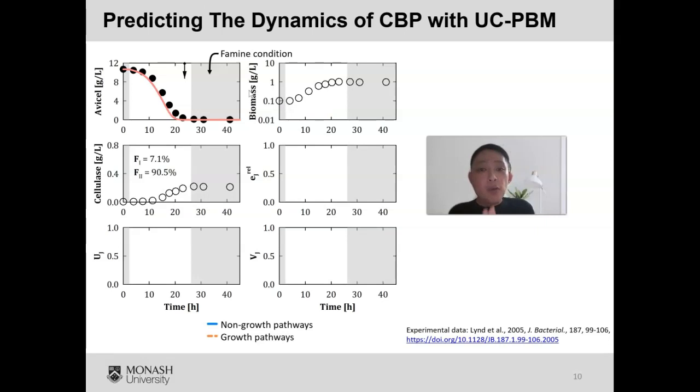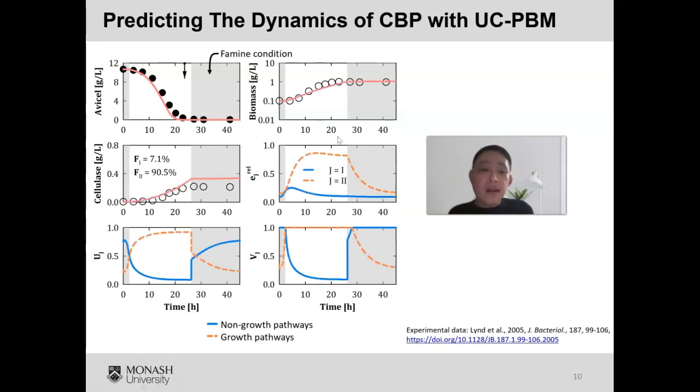So bear in mind, we only use the data from the cellulose transient to build the model, and we found that our model was able to predict the rest of the metabolites really well. It was able to predict the biomass growth really well, and it was also able to predict the excretion of the enzymes that the microbes use to break down the polymers into simple carbon sources.